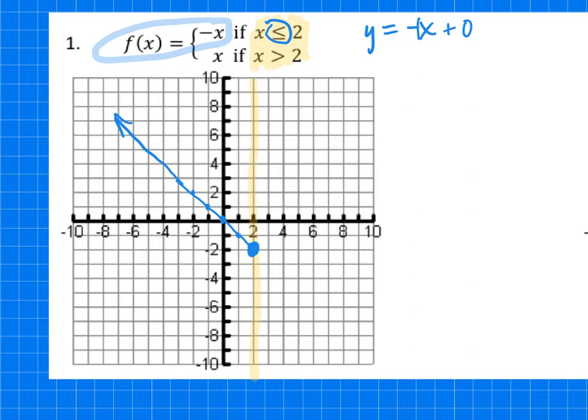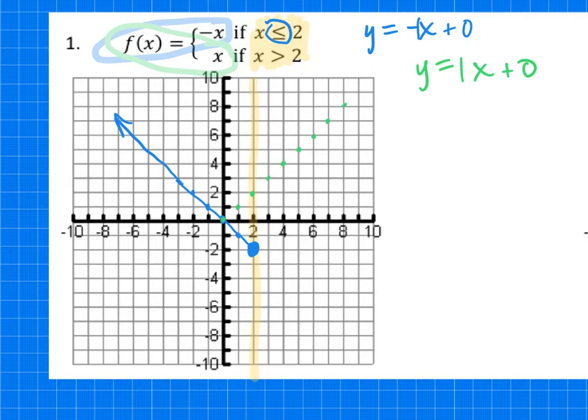The next one is this part right here. F of x equals x. Another way to put that is y equals x, also 1x plus 0. So again, we have a y-intercept here of 0, and we're going to go up 1 and over 1 this time.